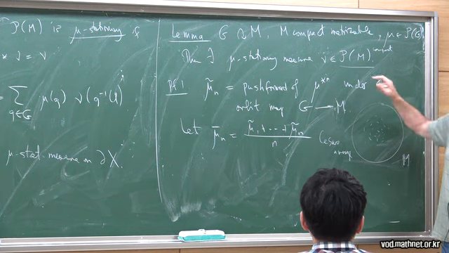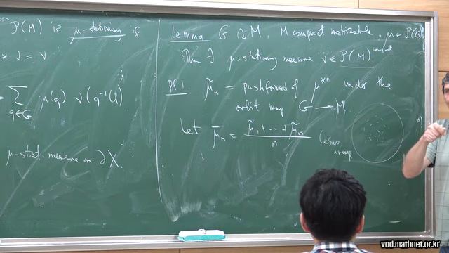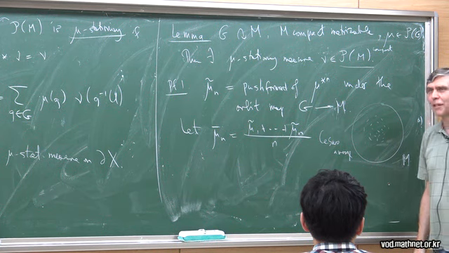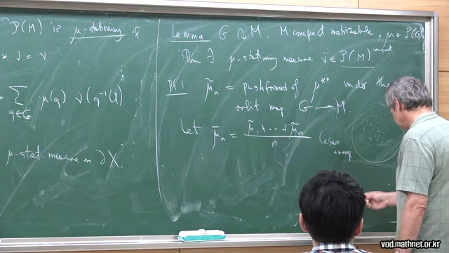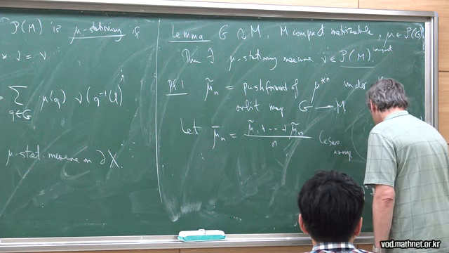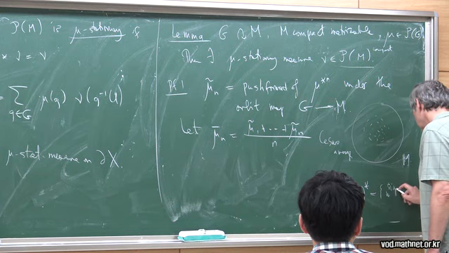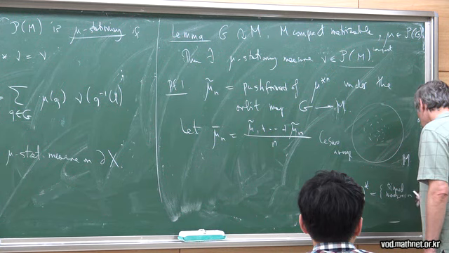This is called the Riesz representation theorem, and I think in the US it's one of the things you have to know for a first year course exam. So this is one place where it's actually useful. C of M is the Banach space, you take the dual, and that's the space of signed measures on M.